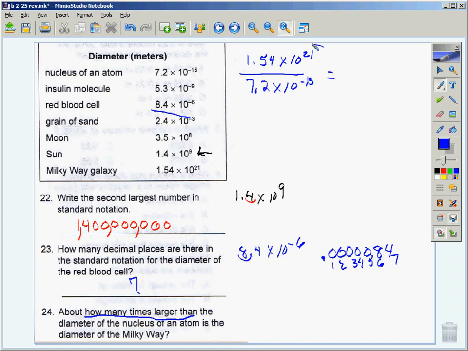I'm going to apply the quotient rule to the power of 10, giving me 10 to the 36th power. If I take 1.54 and divide it by 7.2, it gives me about 0.214.